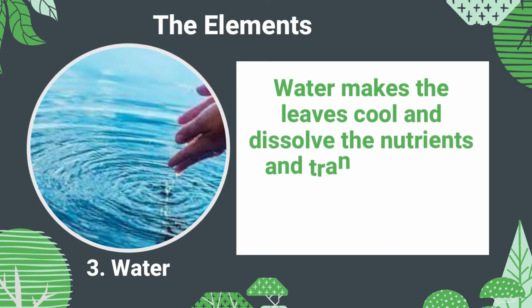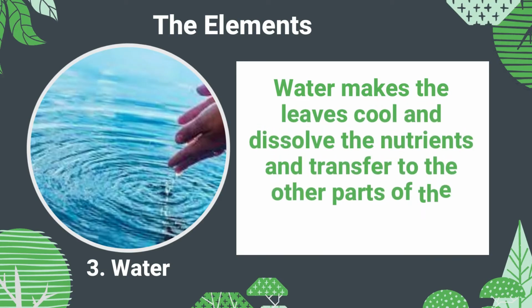The third element is water. Water makes the leaves cool and dissolves the nutrients and transfers them to the other parts of the tree. Same with humans, it makes us also cool.